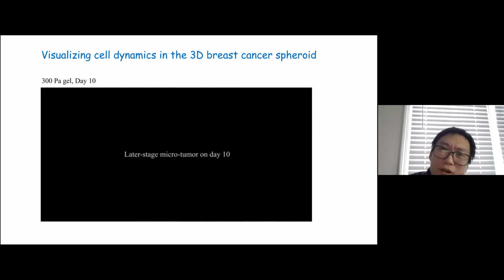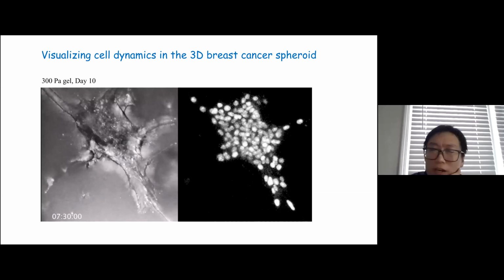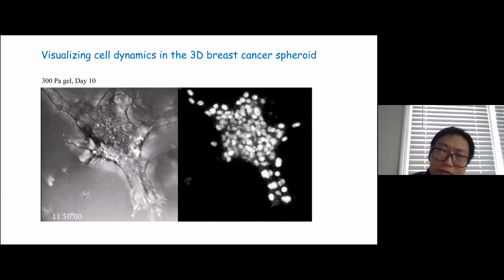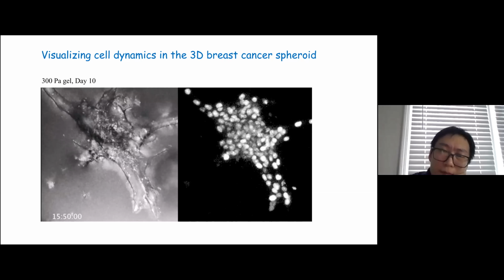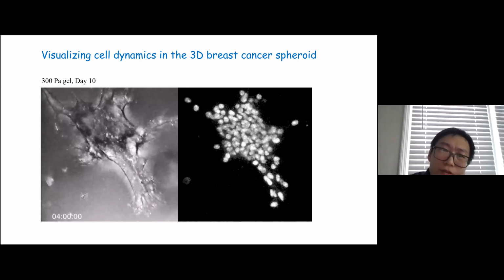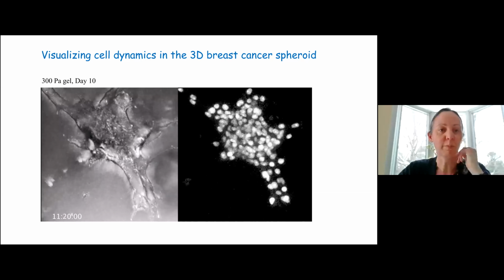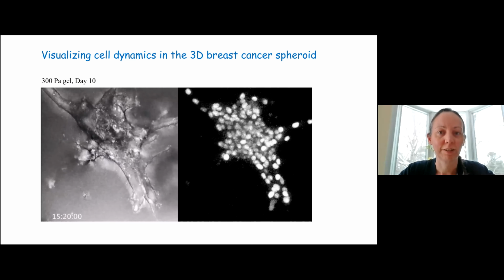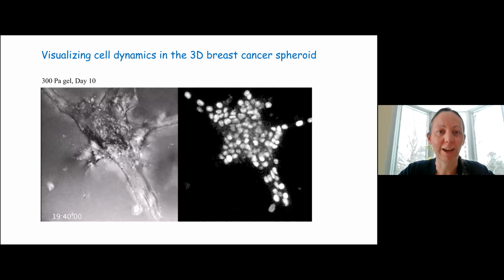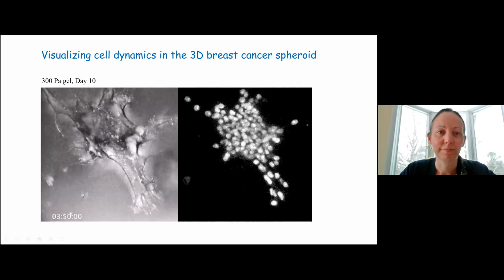Yeah, so for an MCF10A cluster, when they have invasive tips and the tips start to express some of the surface markers, what else do you think one should compare if you want to further compare them with breast cancer? I wouldn't compare them with breast cancer. I think that's a false equivalence. Okay, that's good to know.